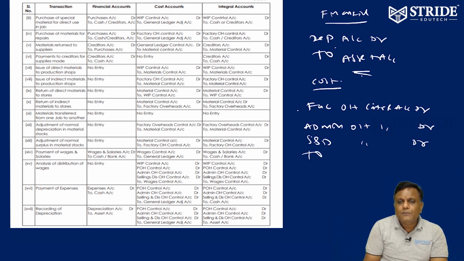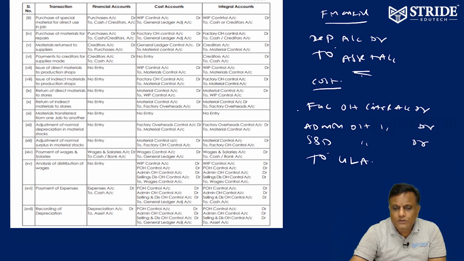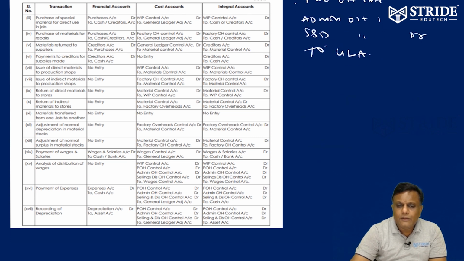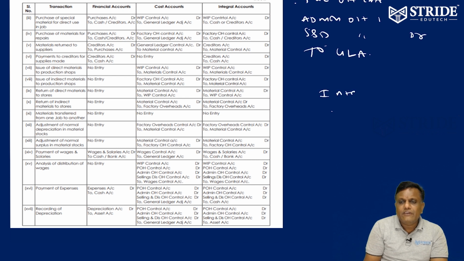To asset we are not supposed to use, so we have to use the term GLA, to GLA in cost books. In integral books, debit from cost, credit from financial we have to take.